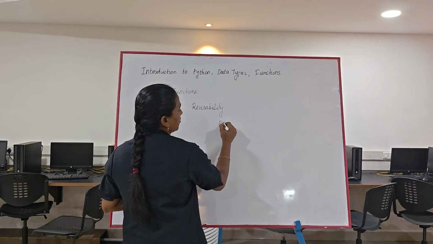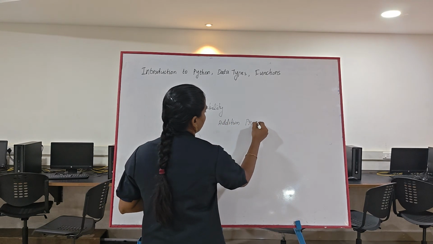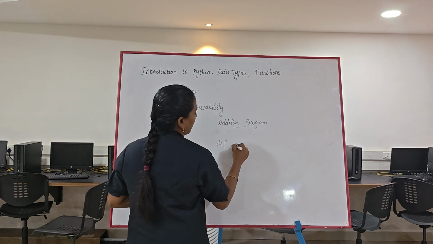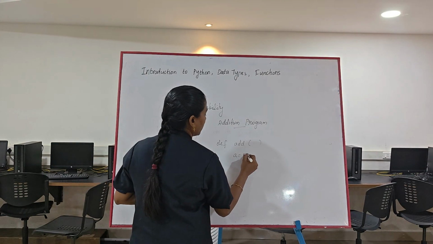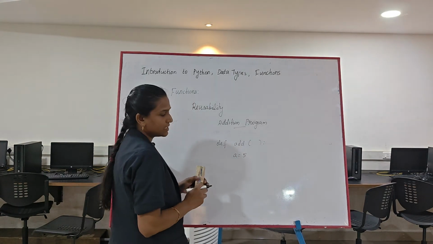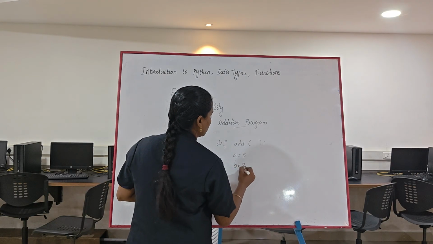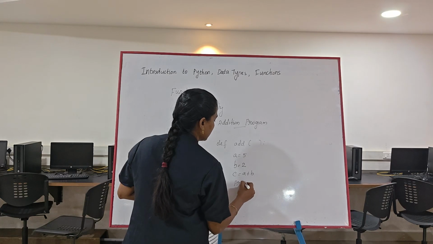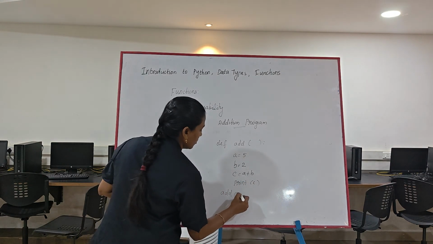We will see the addition program. def add(): A is equal to 5, in the syntax there is a colon, B is equal to 2, C is equal to A plus B, return C. Then add().